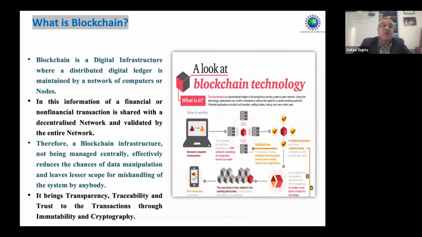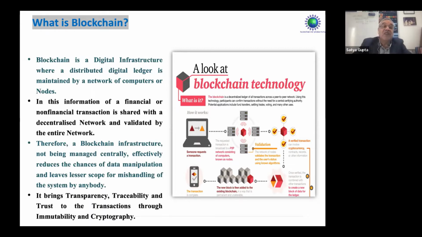A network of computers is already known to us, and that is the internet. The internet is nothing but a network of networks, or network of nodes. So if you put a distributed digital ledger on the internet, then it becomes a digital infrastructure called blockchain.